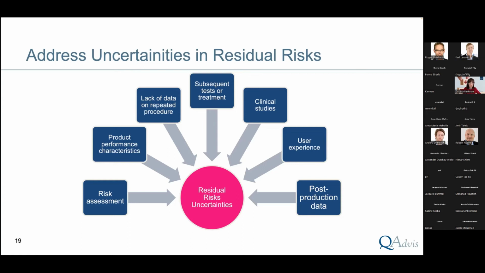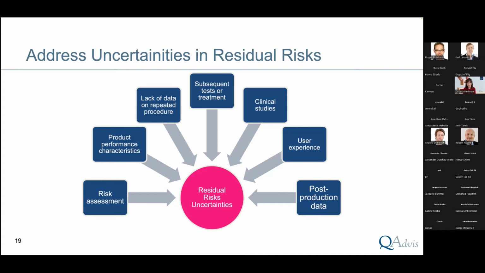So what kind of uncertainties can you have from the risk assessment itself? Have you estimated the risk? They are related also to the product performance characteristics, and the design itself, lack of data on repeated procedure.